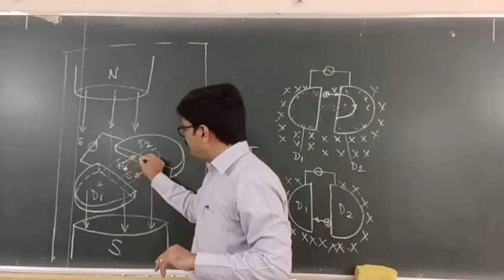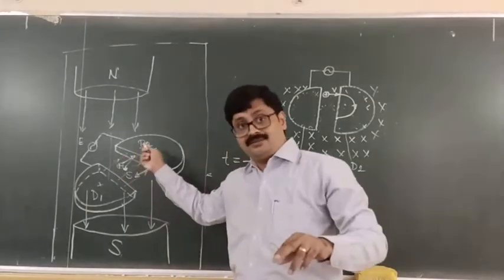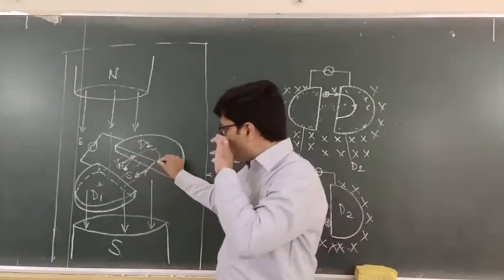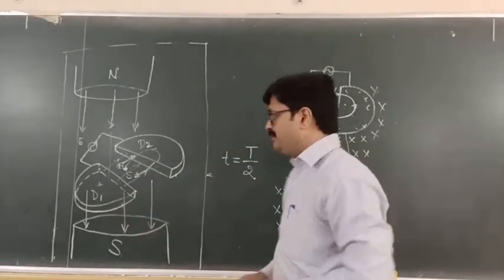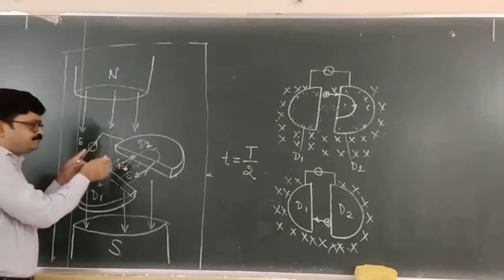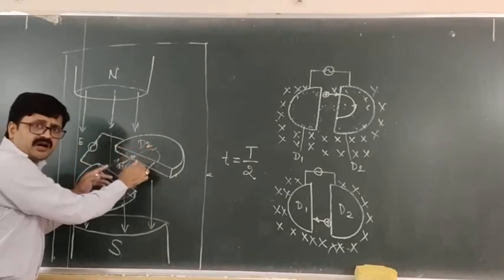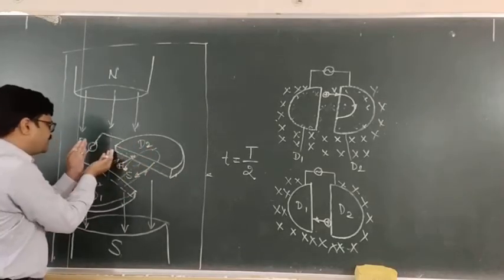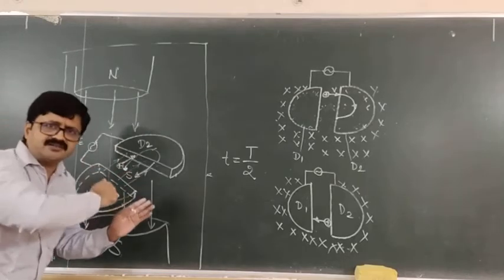That means with the speed it has gained, with that speed only it comes out. Now, because this is half cycle, after completing half cycle, the electric field will become what? Reverse.